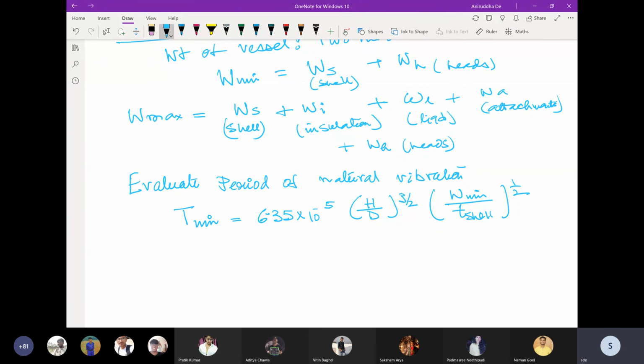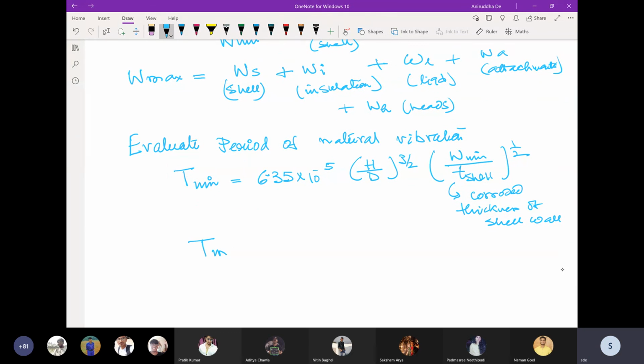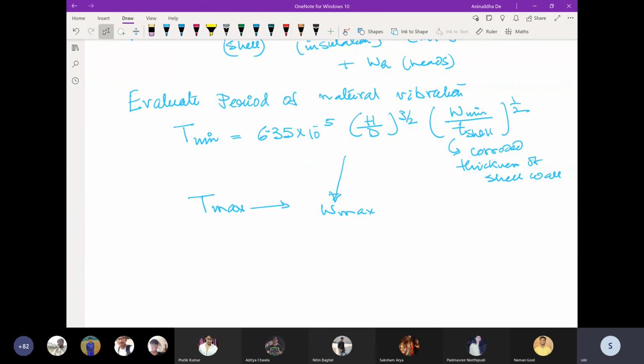Here we put W minimum. T shell is the corroded thickness of the shell wall. And T maximum will be calculated from the same expression when we put W maximum. Now, based on T minimum and T maximum, you select K1, K2, exactly the same way we have done earlier.